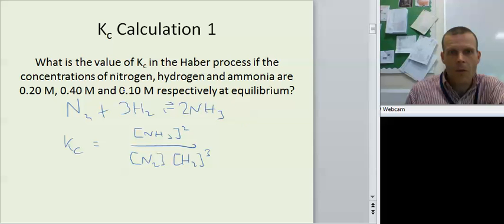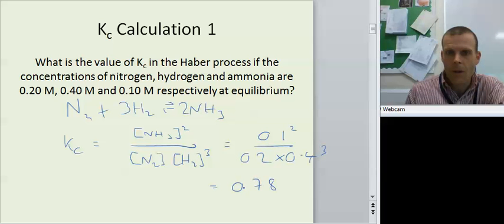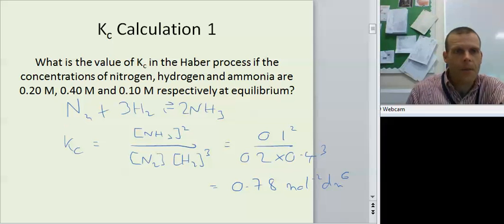And I've got the equilibrium concentrations. I'm just going to put those in, which is going to be 0.1 squared over 0.2 times 0.4 cubed. And if we work that out, 0.78, and the units would be moles minus 2 decimeters 6.